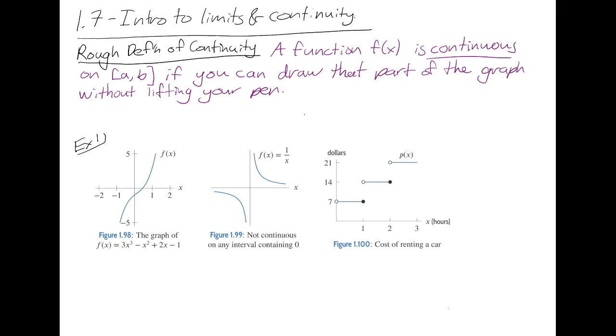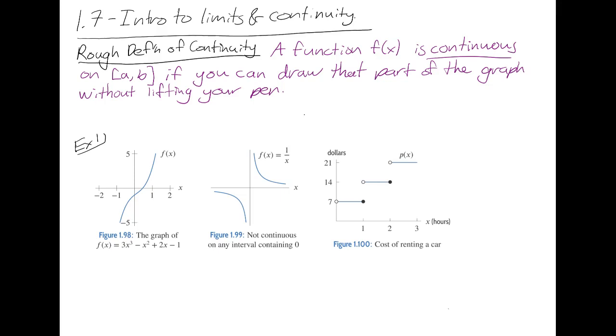So here's a rough definition of a continuous function. We say a function f of x is continuous on an interval from a to b if you can draw that part of the graph without lifting your pen.